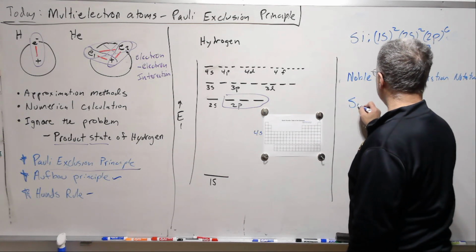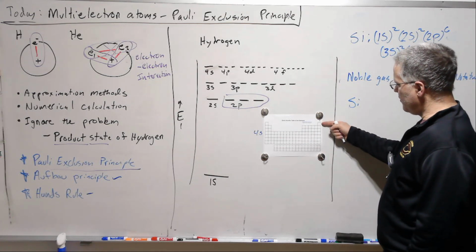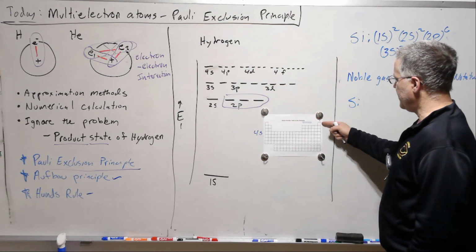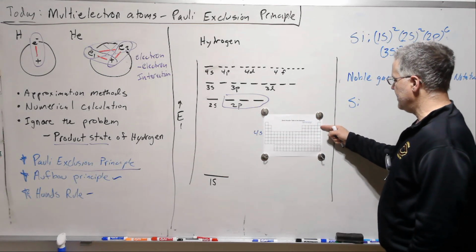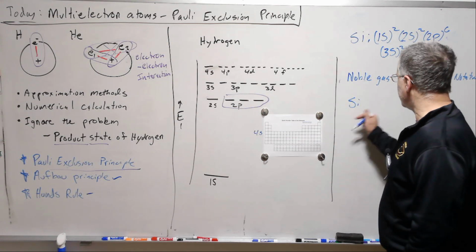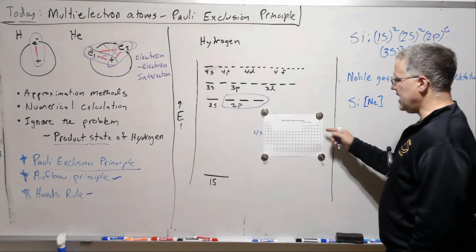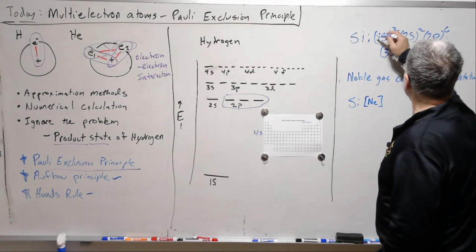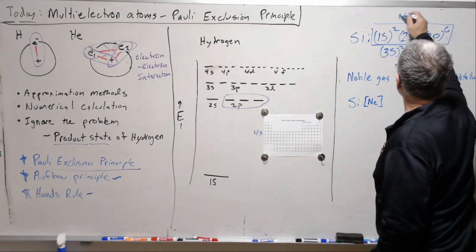And so let's write silicon in noble gas configuration notation. So we come through here, we get helium. We've come through here, we get neon. Now we don't get all the way to argon. So we write this as a square bracket neon, meaning that's all of this. Right? This is neon.